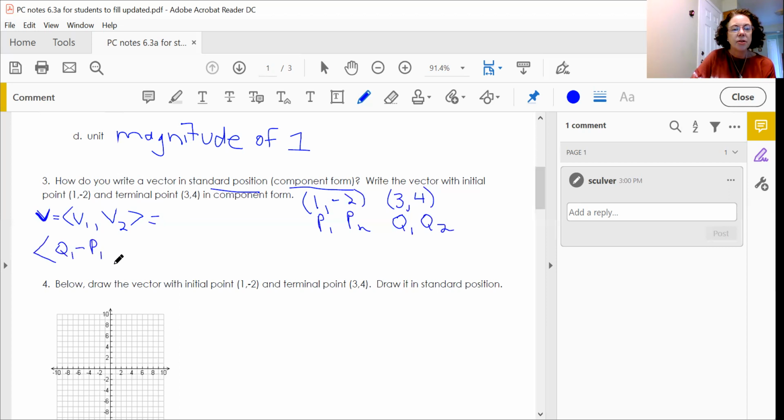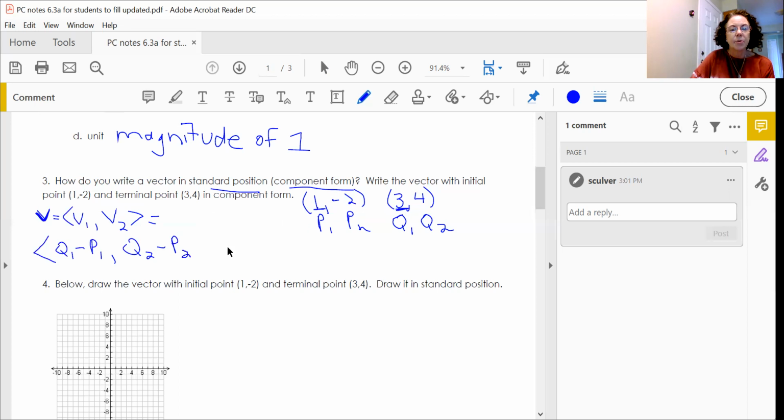So notice we took the two horizontal components of the terminal point and the initial point and we subtracted them. Then for V2, which is the vertical component, we will subtract the vertical components of the terminal point and the initial point. And again, the order does matter.